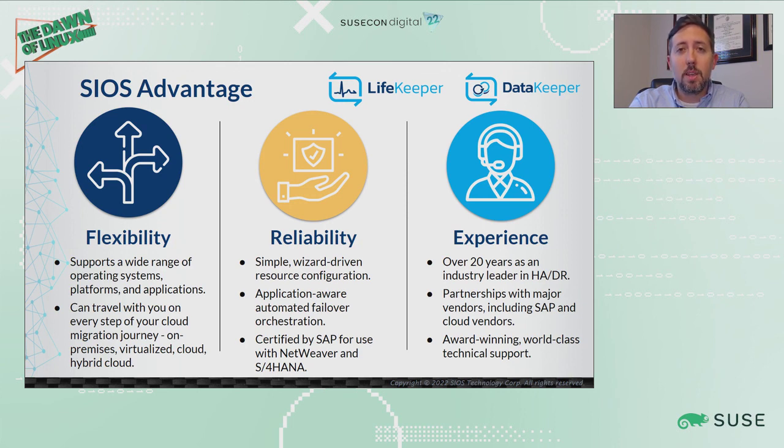We have intuitive SAP certified solutions to protect your SAP applications and databases. And finally, we've got over 20 years experience as a leader in high availability and disaster recovery. And combined with active partnerships with vendors like SAP and all the major cloud providers, that allows us to provide world-class customer service just in case any issues do arise.